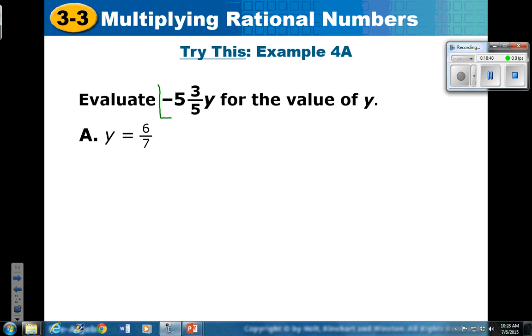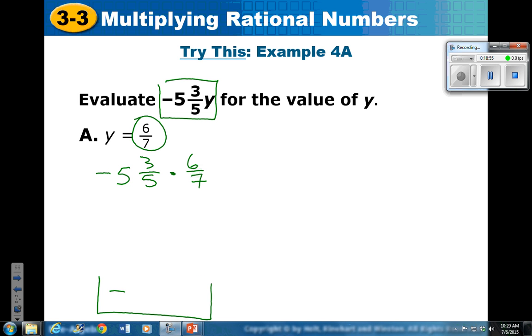This time they gave us a different expression. So we've got negative 5 3/5 times y is 6/7. Let's take care of our negative. Negative times positive is going to be negative. And we need to change this mixed number into an improper. 5 times 5 is 25, plus 3 is 28 over 5, which is very convenient because we've got a 7 on the bottom here. 7 and 28 share a common factor of 7. 7 divided by 7 is 1. 28 divided by 7 is 4.